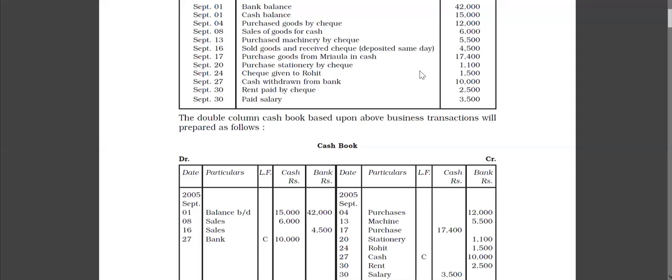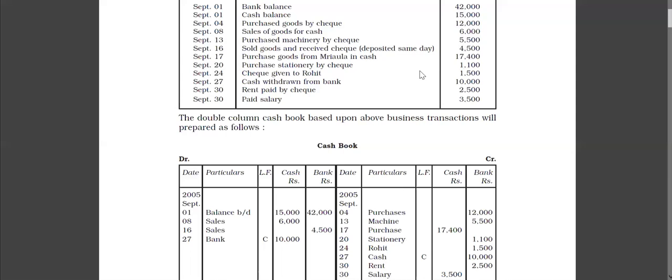Cash withdrawn from bank. Then cash account debit to bank account. See here both accounts are affected. One is plus side and another one is minus side, because cash withdrawn from bank is a cash inflow.